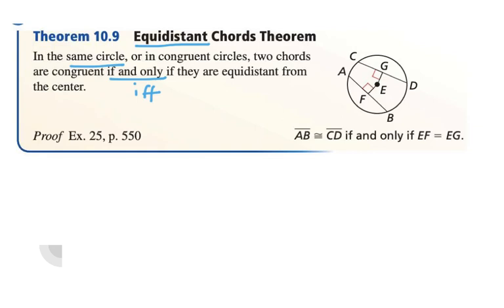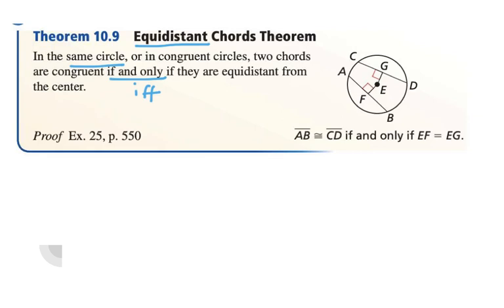So keeping in mind what distance is: if I go from the center to a point on a chord, I can go a lot of different ways, right? It can be here or here, but the shortest path from the center to the chord is the segment that's perpendicular. That's what I mean about distance.